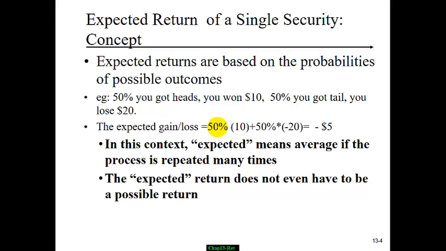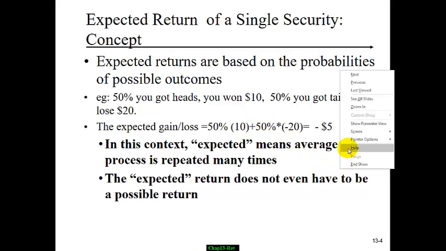So let's first think about expected return. For example, you are throwing heads or tails. 50% chance you get heads, 50% chance you get tails. Heads means winning $10, tails means losing $20. So the expected gain or loss we are looking at is 50% chance of winning $10, 50% chance of losing $20.